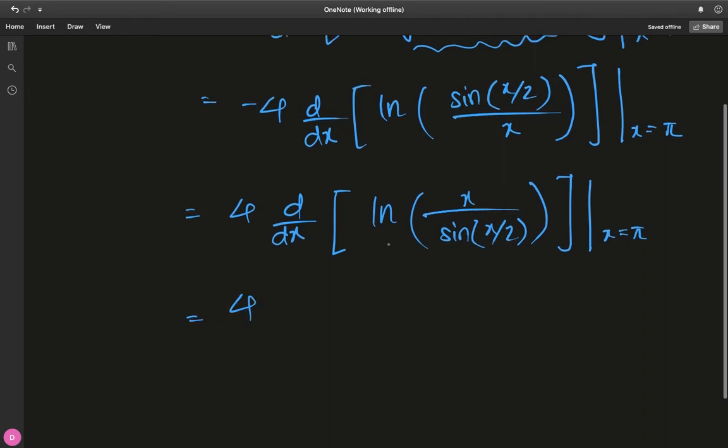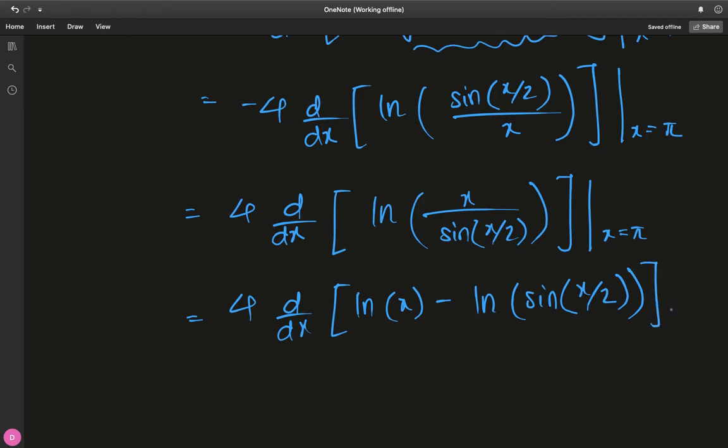So we can just use some log properties before calculating the derivative. We have the derivative with respect to x of, we can write a natural log of a quotient as a difference of two different natural logs. So the natural log of x minus the natural log of sine of x over 2, again evaluated at x equals pi.